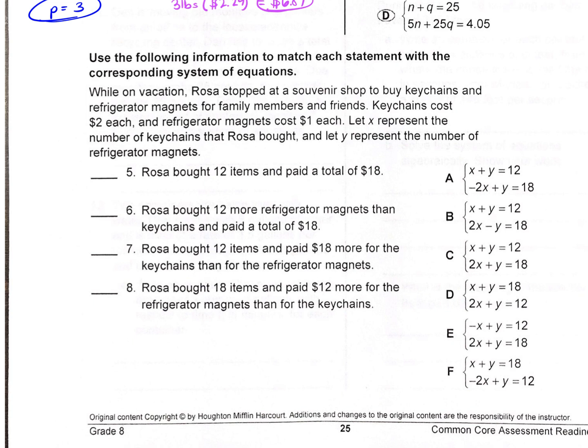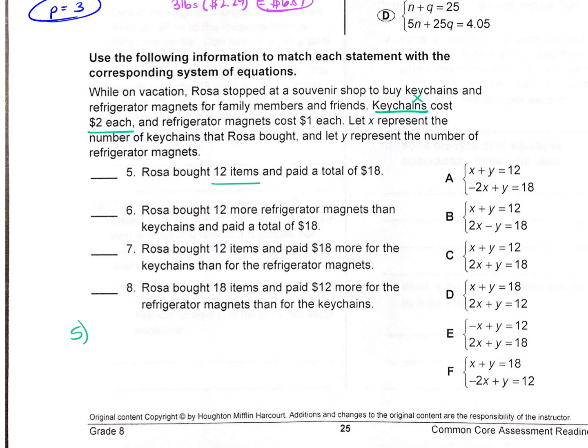Number 5 says Rosa bought 12 items and paid a total of $18. Okay, well, let's start on number 5 with the items. 12 items. We already know the keychains are being represented by X, and they're $2 each.